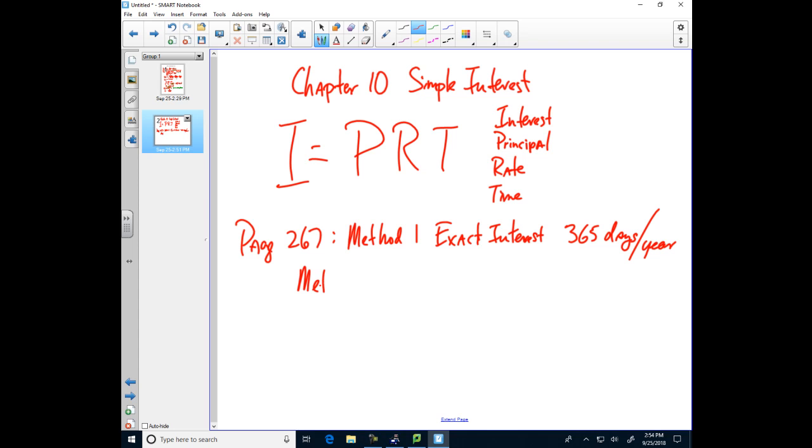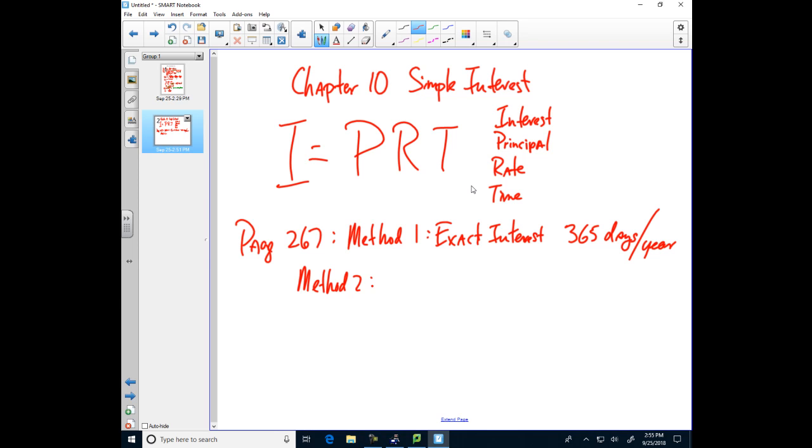Because there's another method, and again, I'm not sure how much this is actually used, because my wife works at a bank and I asked her these questions, and she didn't know anything about method 2.